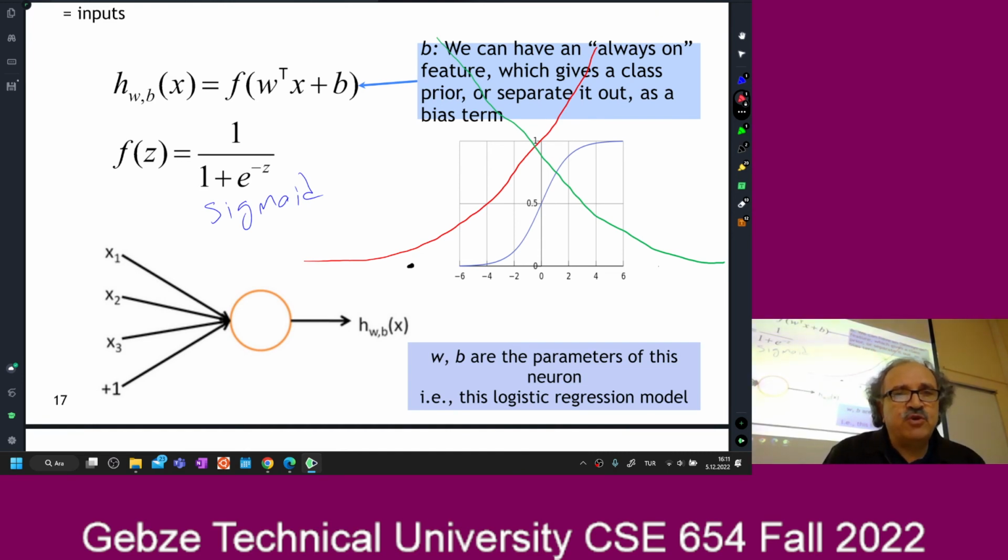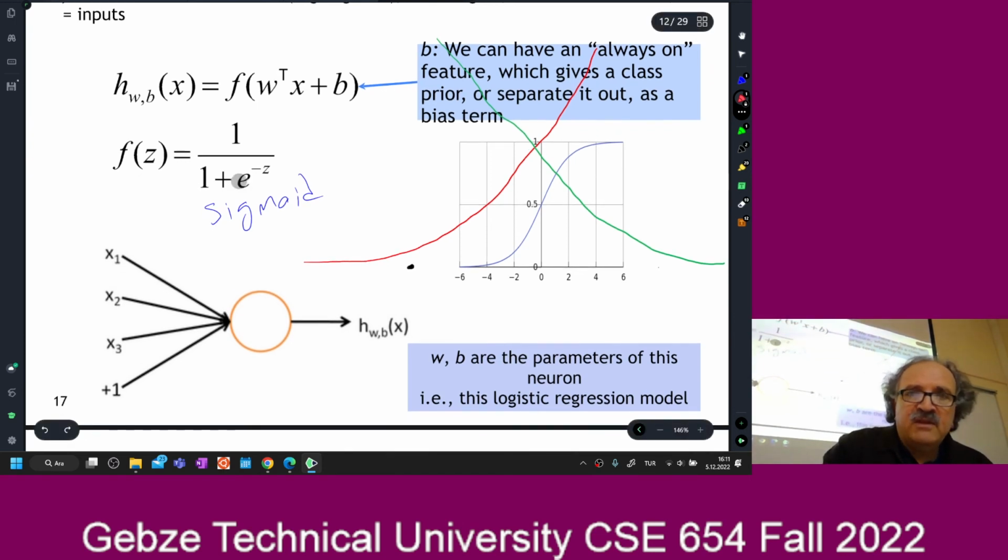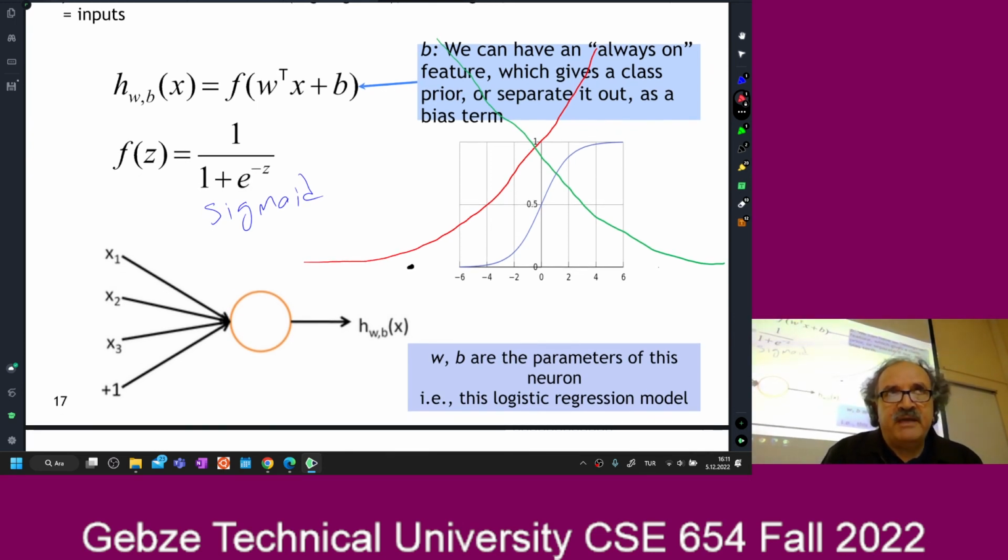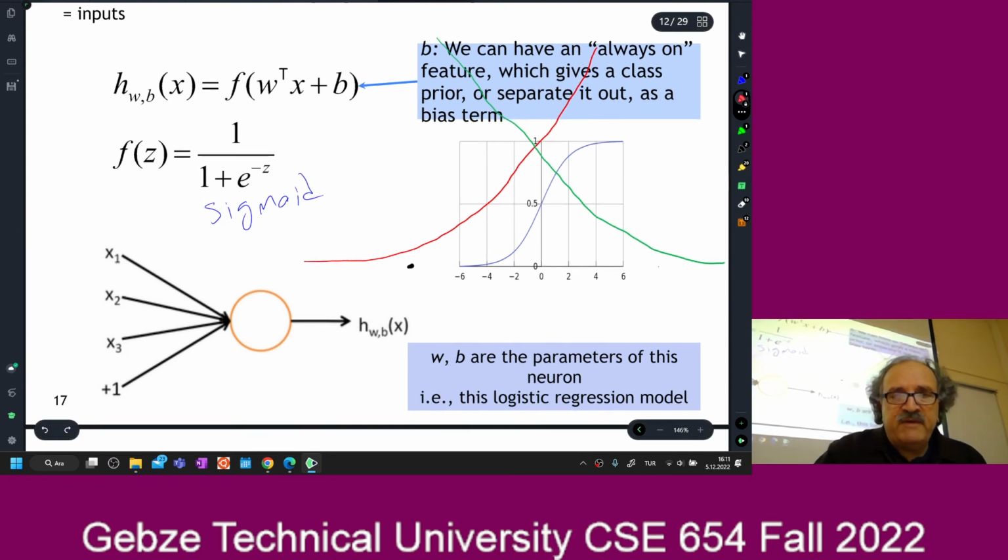At what point is it going to be 1? Whenever this one is 0. So when is this 0? E to the minus z, when z is infinite, right? So here it is 1.